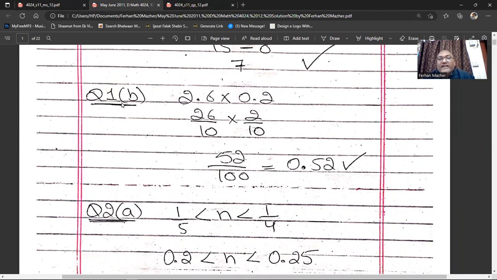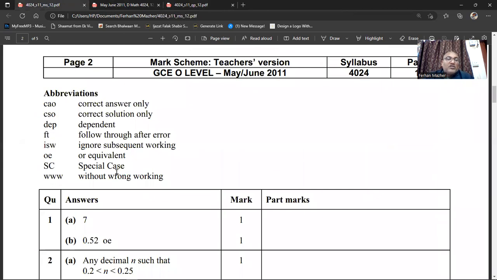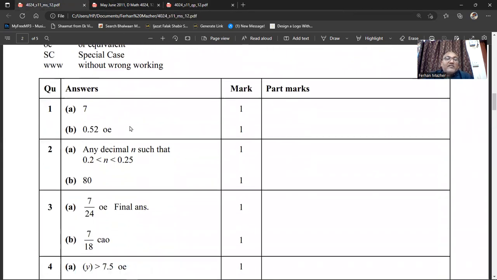When you multiply 26 with 2, you get 52, and 10 multiply 10 is 100. When you divide any number by 100, you move its decimal 2 steps to the left. So my final answer will be 0.52. 0.52 is the right answer.